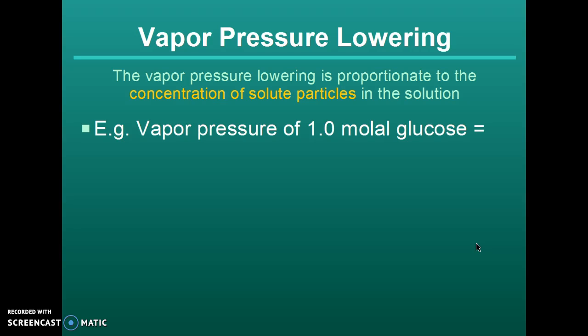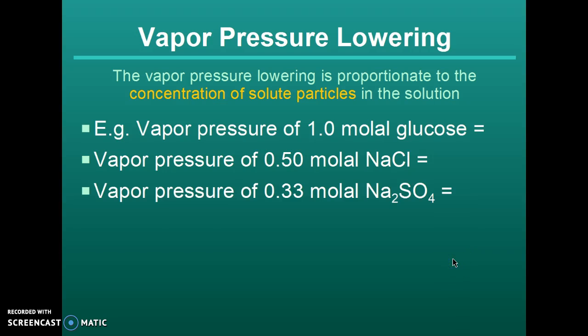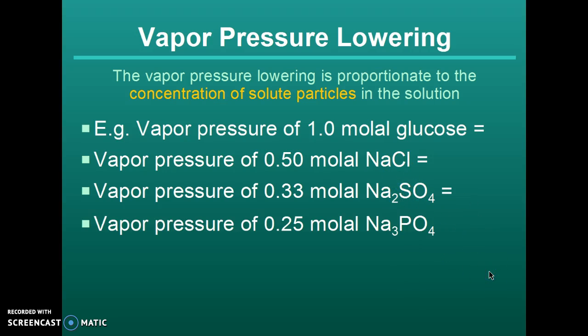For instance, the vapor pressure of 1.0 molal glucose, and molal refers to the moles of solute per 1,000 grams of solvent, is the same as the vapor pressure of just 0.5 molal sodium chloride, or the vapor pressure of 0.33 molal sodium sulfate. You see a pattern developing here? Or the vapor pressure of 0.25 molal sodium phosphate.